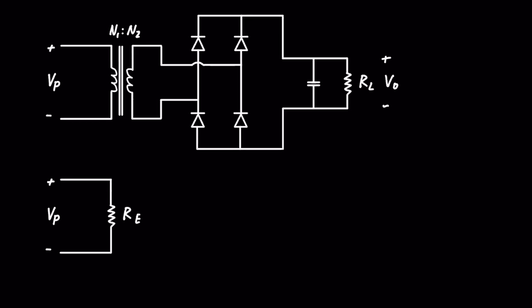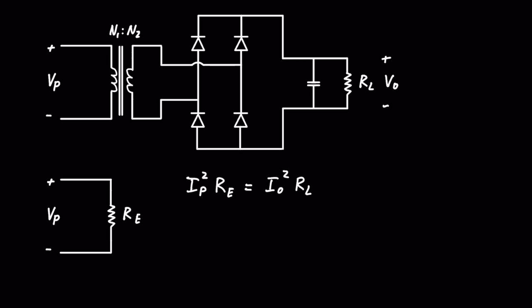In order to find the RE based on RL, we can use the power balance here and here because they need to be equal to each other. So we know that IP squared multiplied by RE, because that is the resistance seen from this point, is equal to the output current squared multiplied by RL.